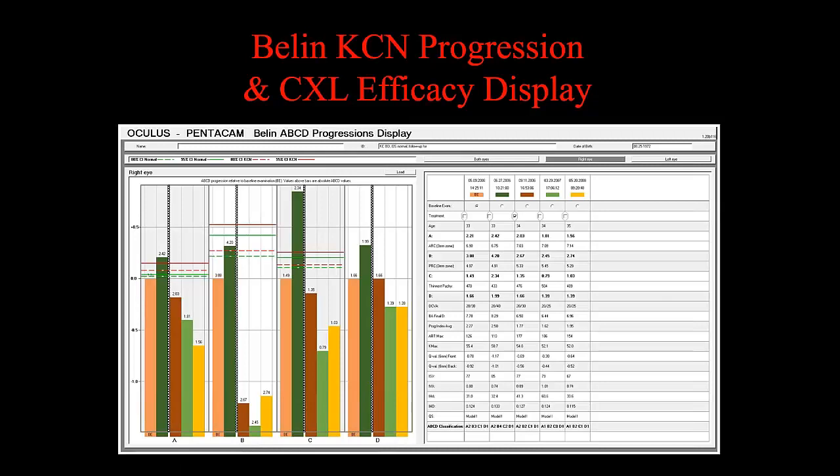The display will show up to 8 exams over time. So you can see here, May of 06, June, September, March of 07, May of 08. So these are a number of exams over time.